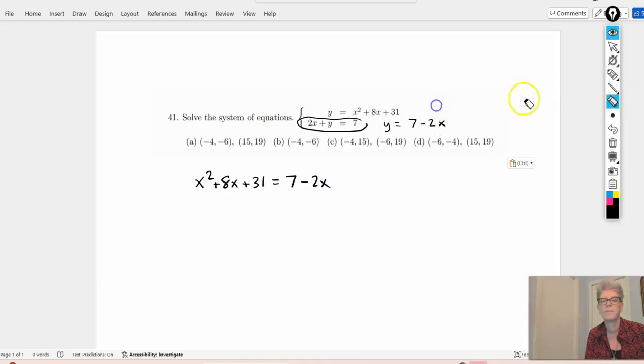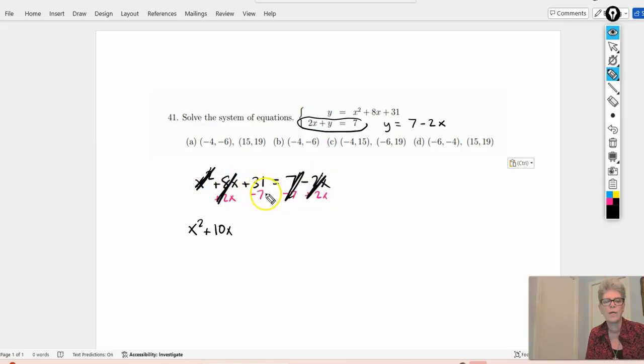Okay. And then I can solve a quadratic if it's equal to 0. So I'm going to subtract 7 from both sides, and then I'm going to add 2x to both sides. So I'm going to have x squared plus 10x. Those go away.